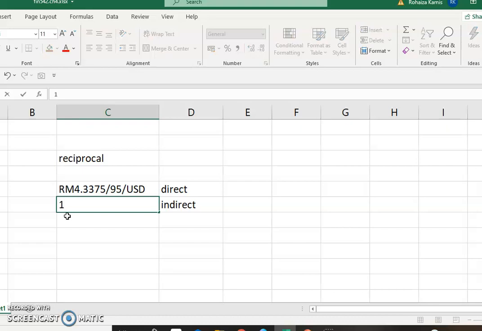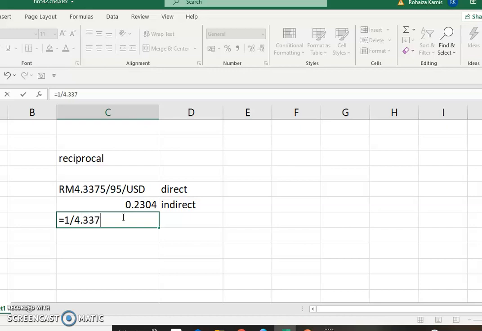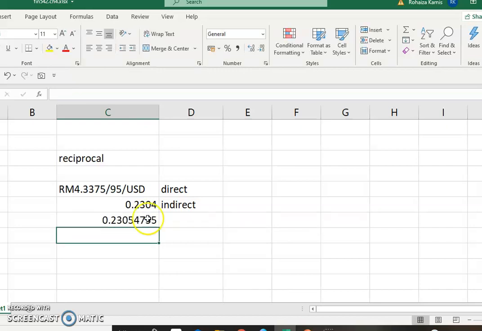I take 1 over 4.3395, and now I take 1 over 4.3375 for the ask.